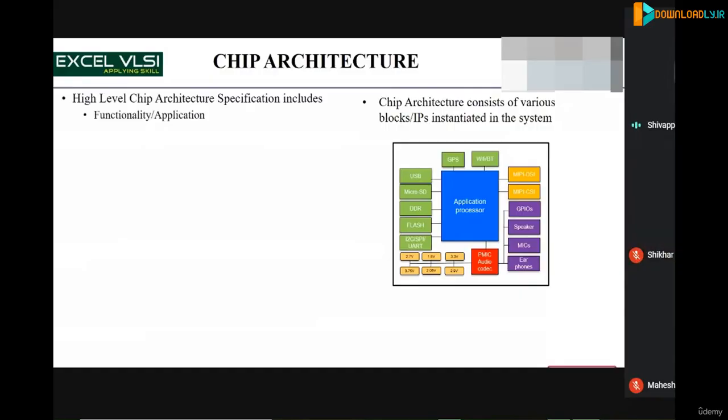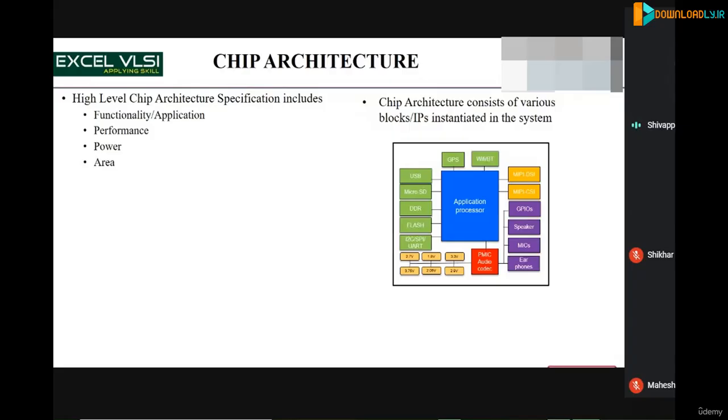Okay, and the critical things are functionality or the application, what application it is, and performance, power, and area. Now, is this going to be used as a handheld device, residing most of the time in the consumer's pocket or bag? Or is it a laptop, a desktop, or some industrial application, for example, when you are designing an ASIC for a UPS?